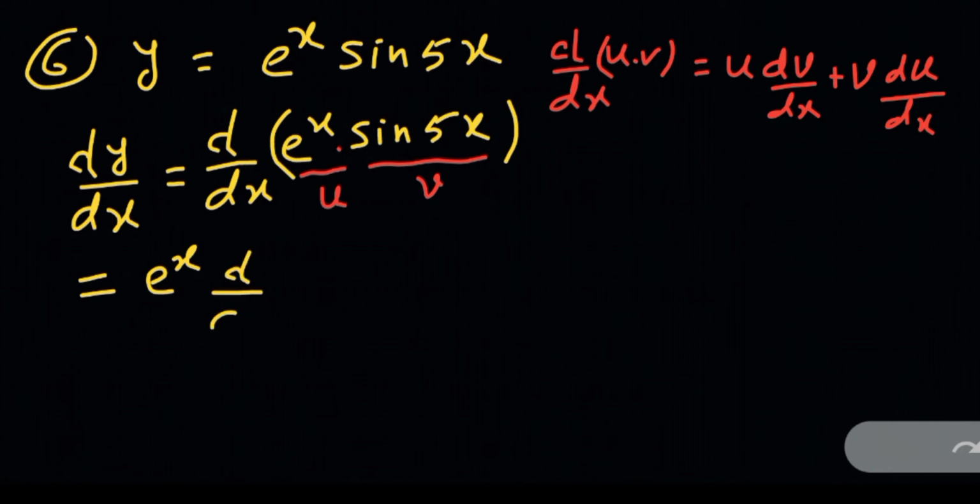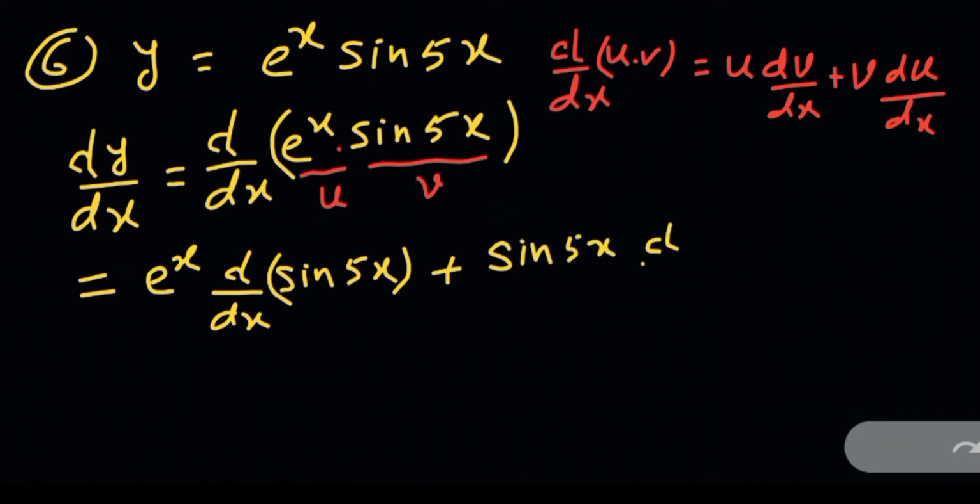Plus v as it is, v means sine 5x, and the derivative of u, which is e to the power x. So using the u into v formula, I wrote this.